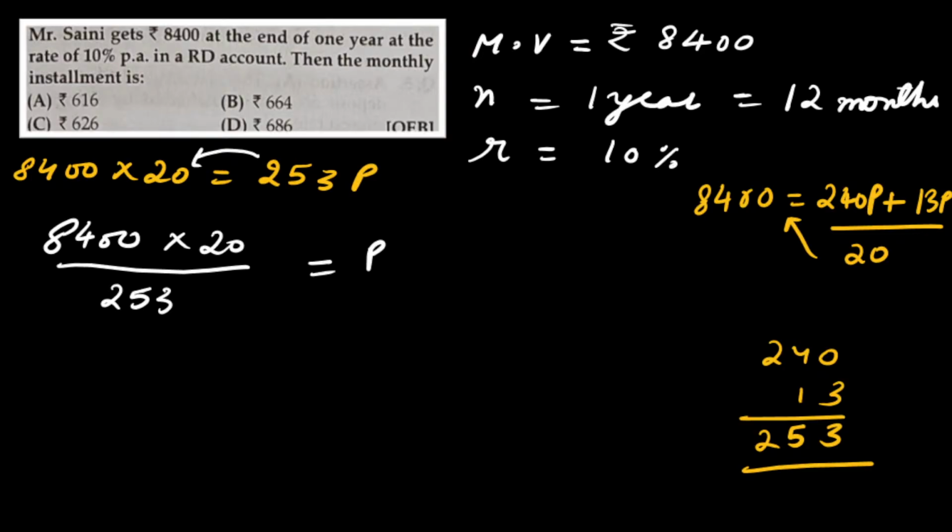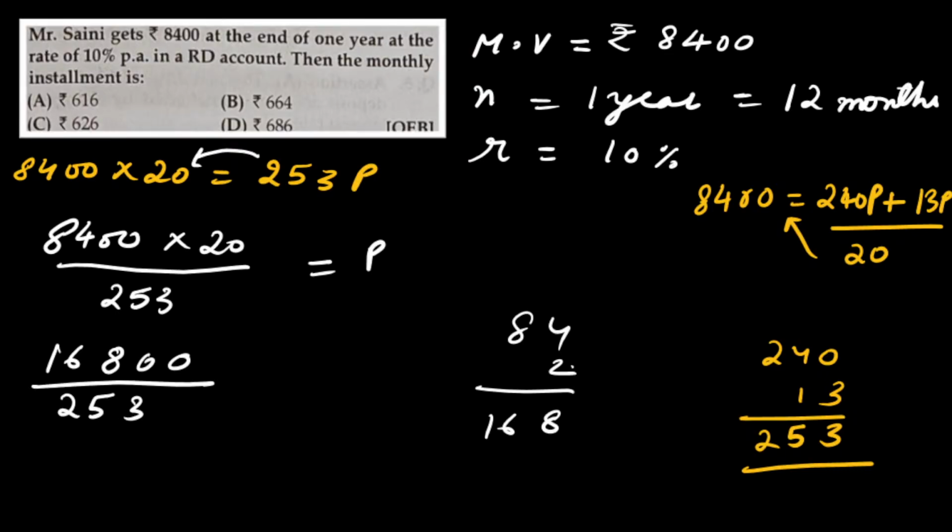So 253 is there. We can multiply this also, 84 into 2: 4 into 2 is 8, 16, 168. Okay, so many of you have already given the answer.